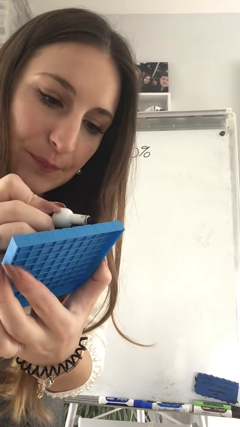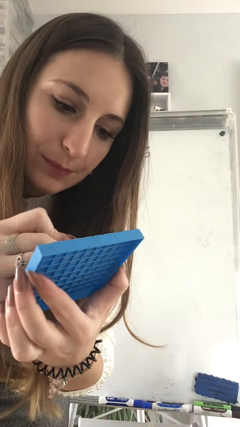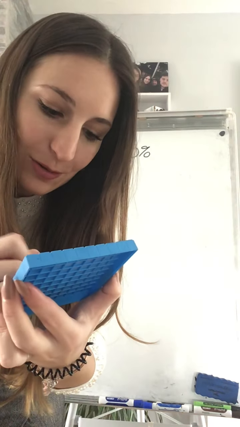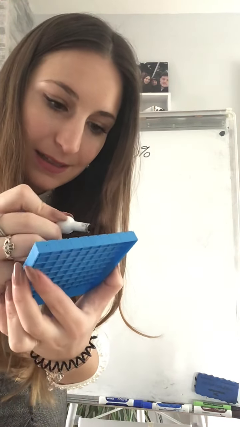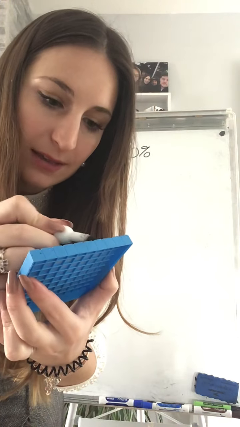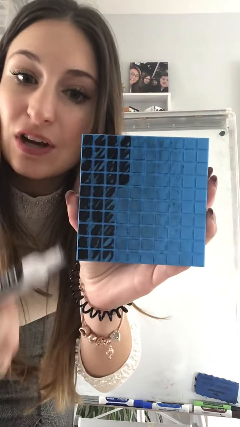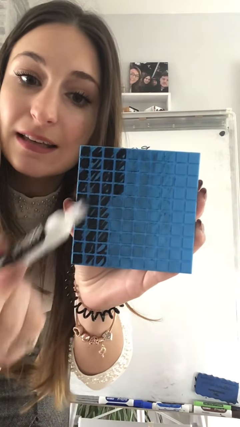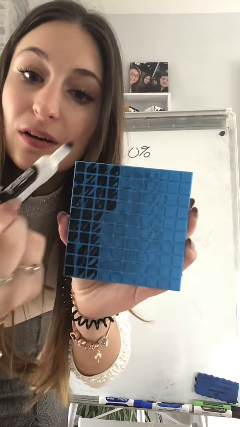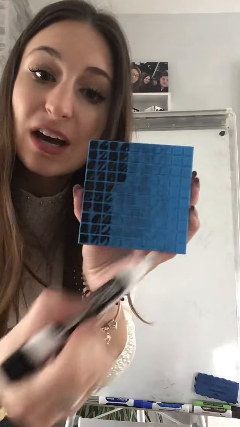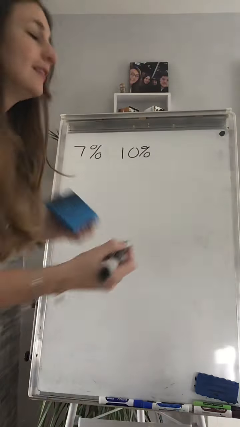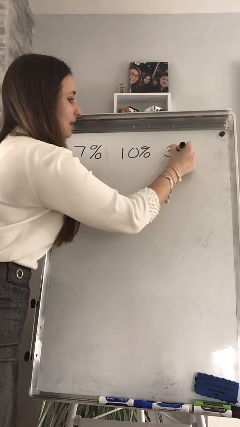You had, let me just quickly color them. You had this, and you could see in there that you had 34 of 100, so you have 34%. Well done, guys.